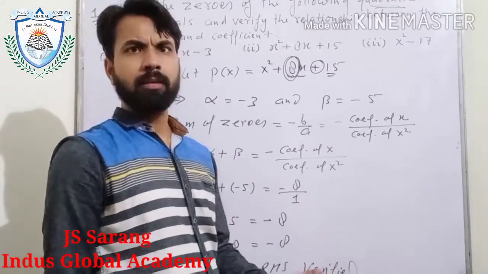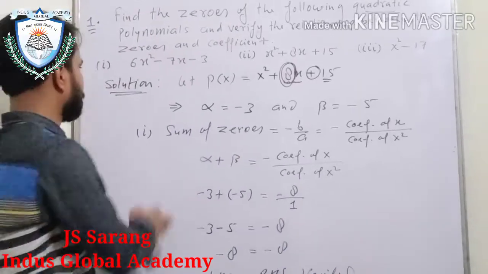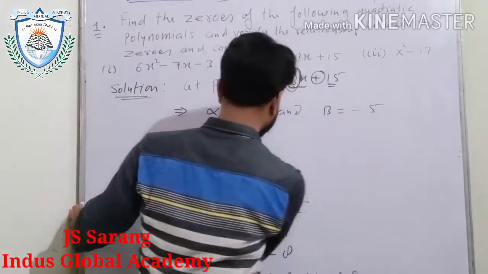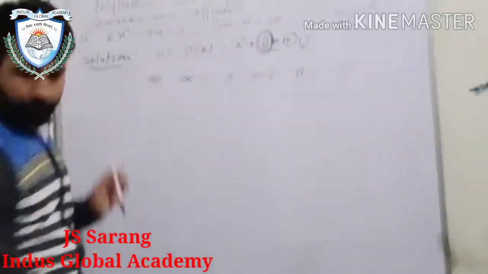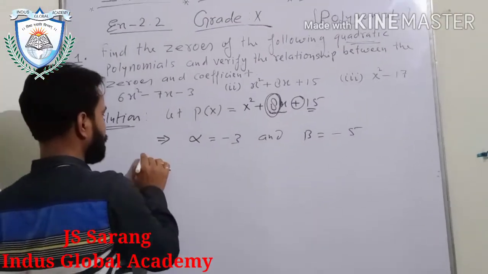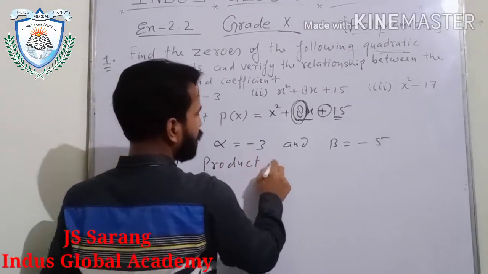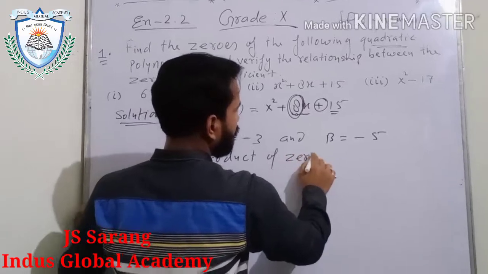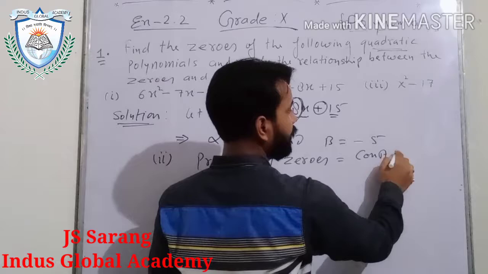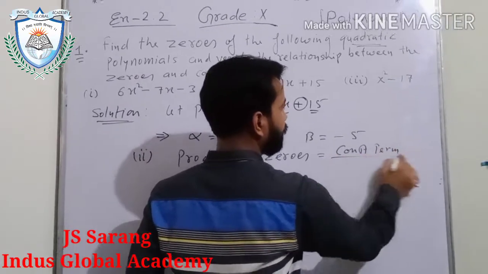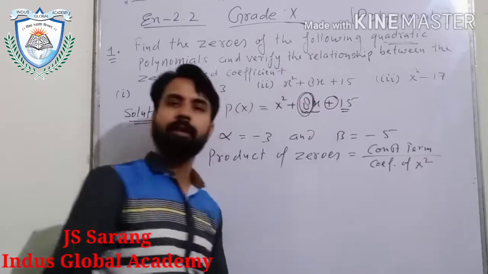Now the last one, the product of zeros, we have to verify. Now we will take the product of zeros, the second formula. Formula is constant term upon coefficient of x square.